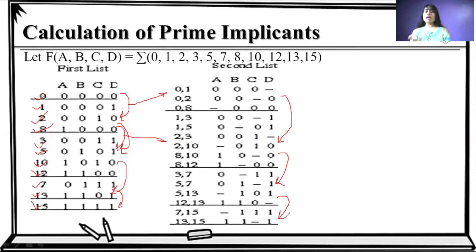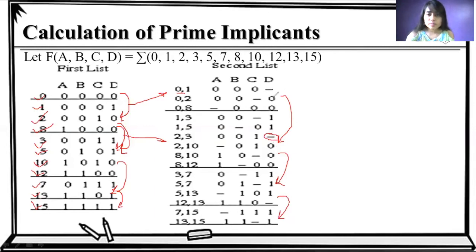Here we have to make sure the dashes must be matched and there is a 1 bit difference. So how can we start our comparison? First compare by matching the dash. Here for the 0, 1 term we have a last dash, so here we have this term which has a last dash.